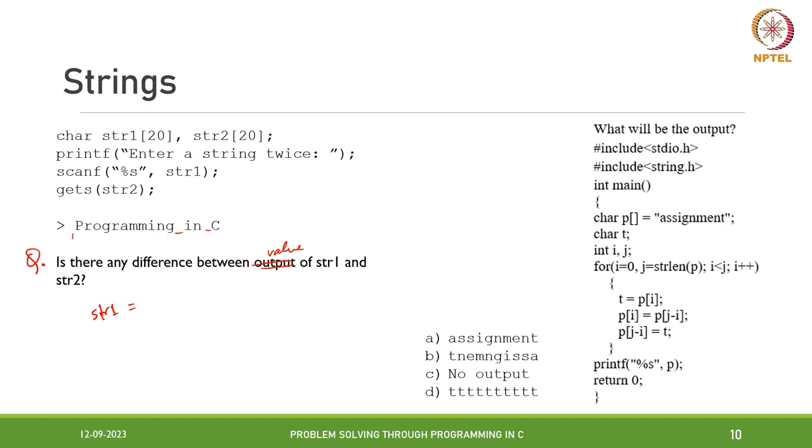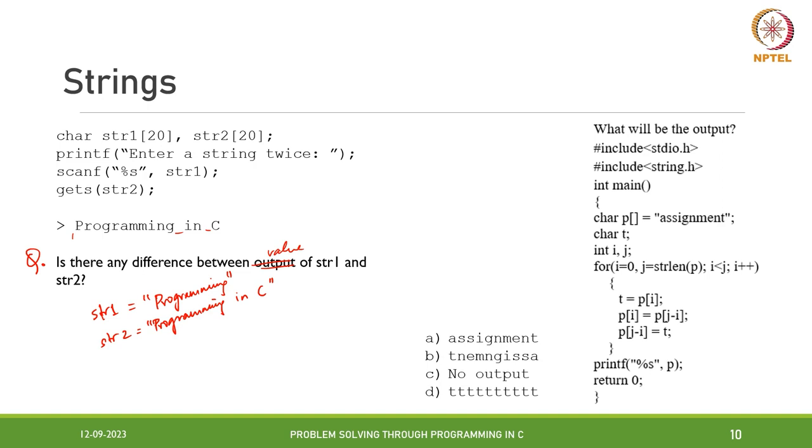If I input the same string twice through scanf and gets, str1 will basically be this "programming", and str2 will be "programming in C". So this is the difference between scanf and gets.